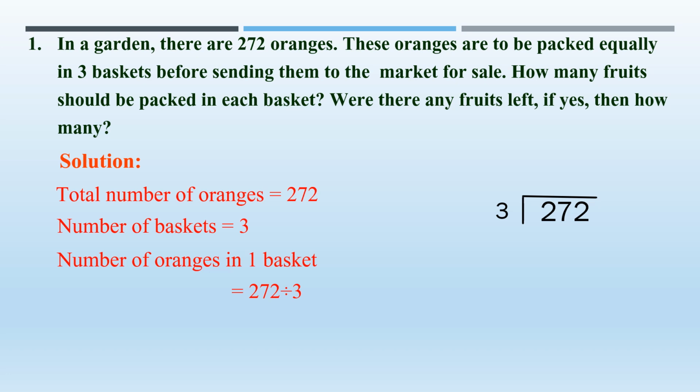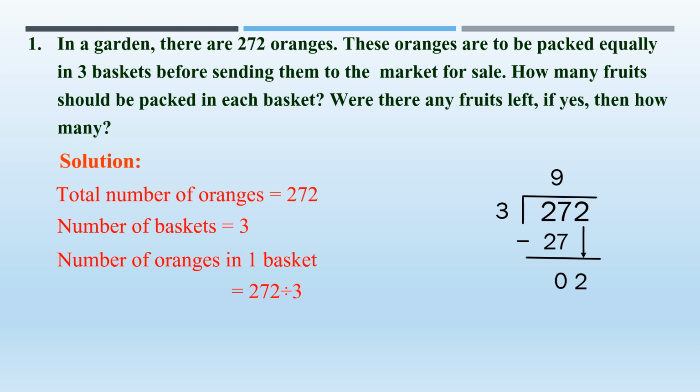Yes. So 272 divided by 3. So 2 is less than 3. So we take the first two numbers together, 27. How many times 3 is there in 27? 9. 9 threes are 27. So next step is we need to subtract. 7 minus 7 is 0, 2 minus 2 is 0. So 0. Bring the next number down, 2.